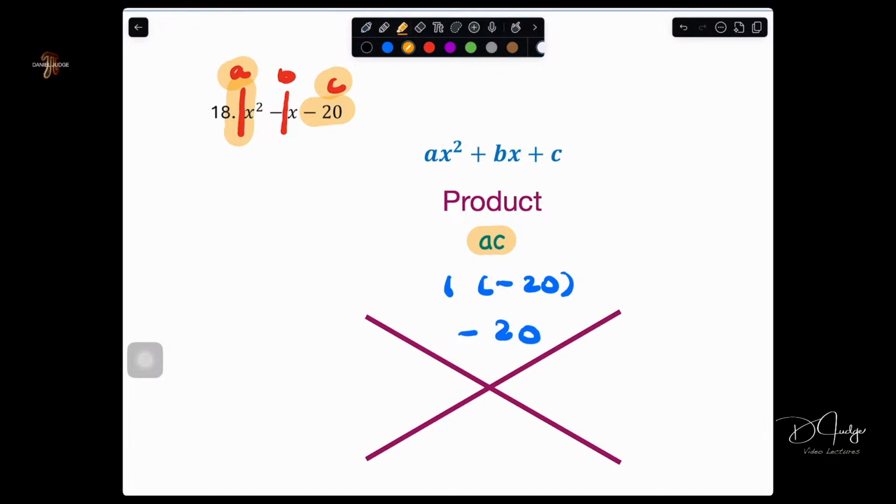That product is negative 20. The sum, again, is negative 1.